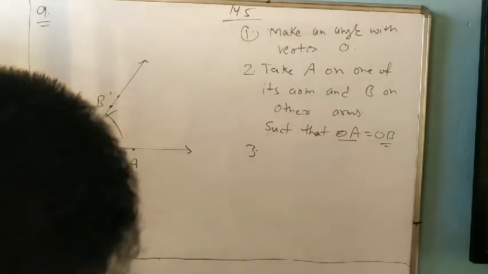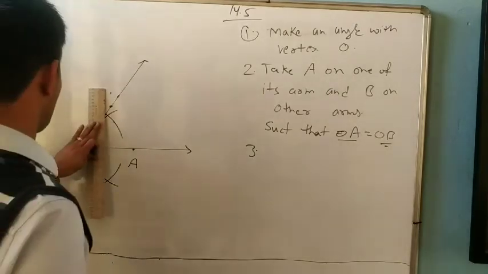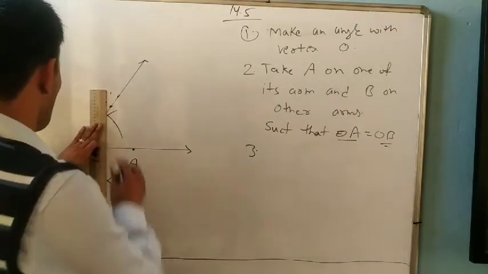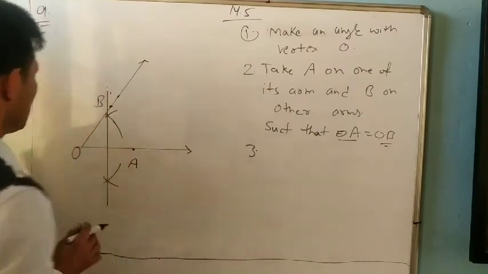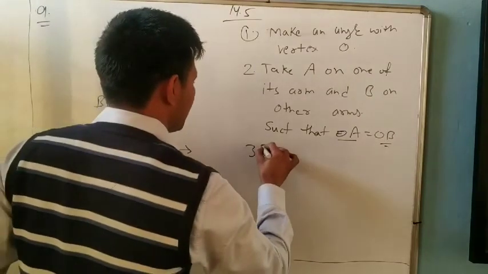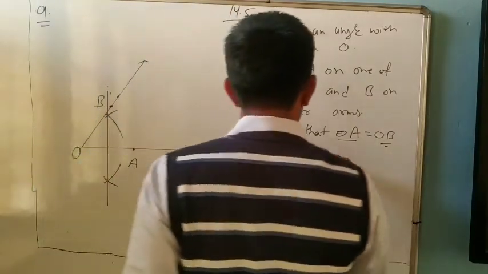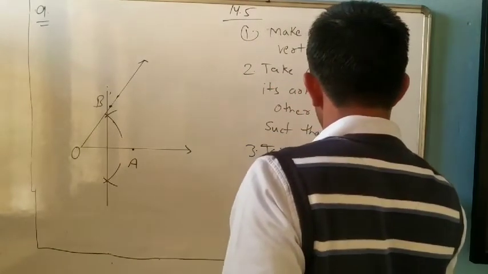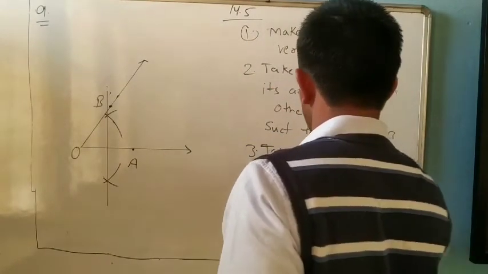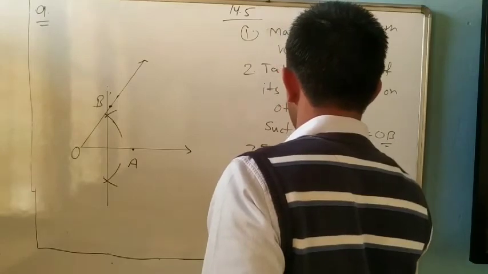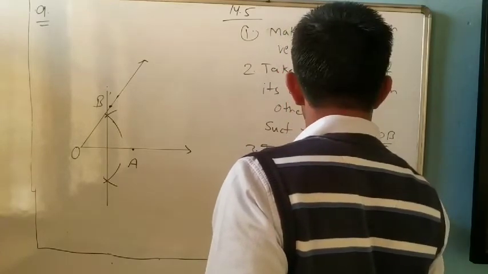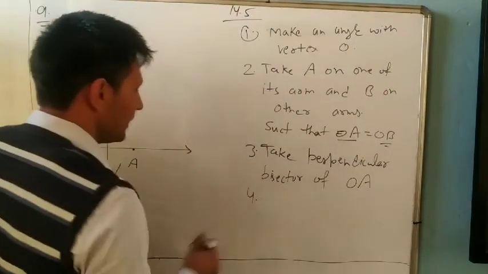Understand? So we will draw the perpendicular bisector of OA. So write, take the perpendicular bisector of OA.